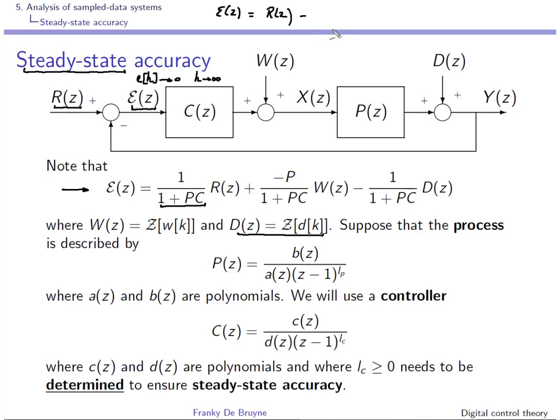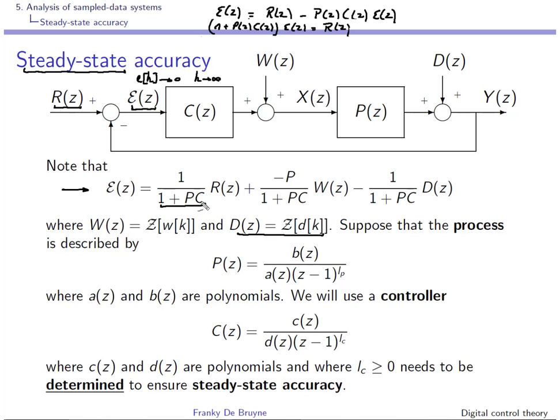So we have minus PZ CZ epsilon Z, right? We bring everything on the other side. 1 plus PZ CZ epsilon Z is equal to R of Z. So indeed we have the correct transfer function.